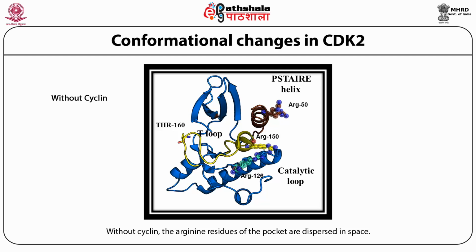Now the T loop, which has a threonine, actually plays another important role in the active conformation. When the cyclin is bound, there is a huge structural change which is stabilized by the phosphorylation of threonine, and that causes the interaction between these arginines and the phosphorylated threonine. In the next slide, I will show you how these interactions are formed.